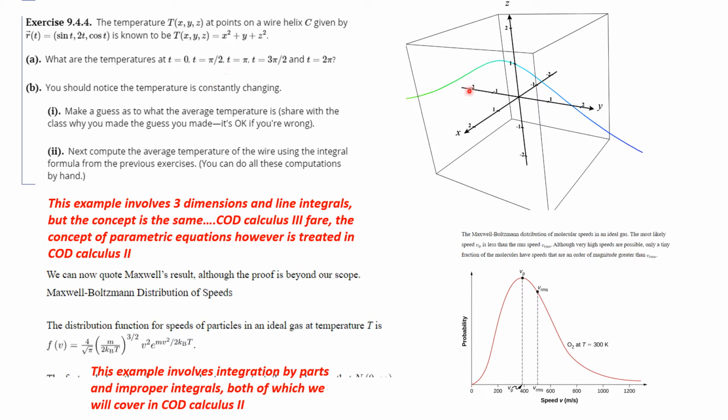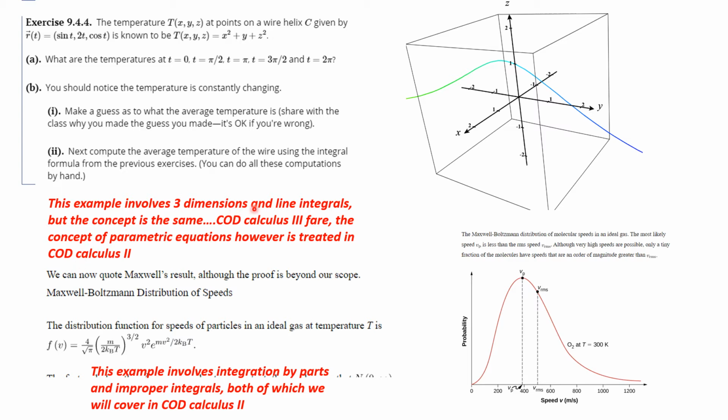Here is a picture of that three-dimensional curve. So what are the temperatures at various values of t? The temperature is always changing, so you might be interested in what's the average value along this helix, so you're interested in computing the average temperature of the wire, and you're going to be using concepts that we're going to discuss today.